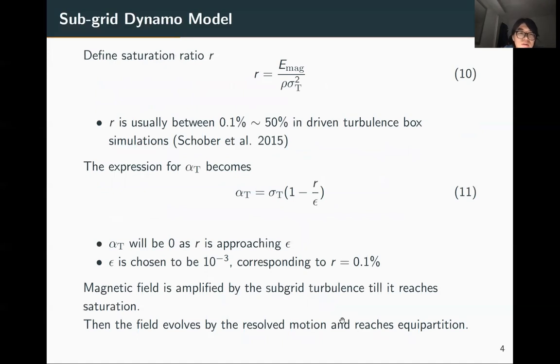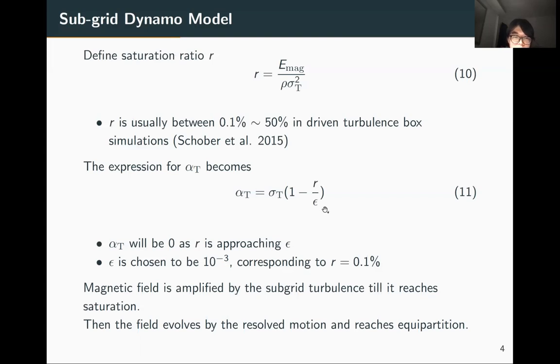And to simplify our discussion, we define the saturation ratio R to be the ratio between the magnetic energy and the turbulent energy density. The R is usually between 0.1% and 50% in driven turbulence box simulations. And then the expression for scalar alpha_t becomes equation 11.